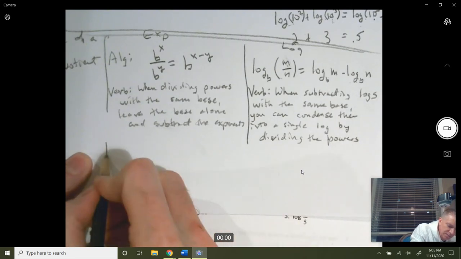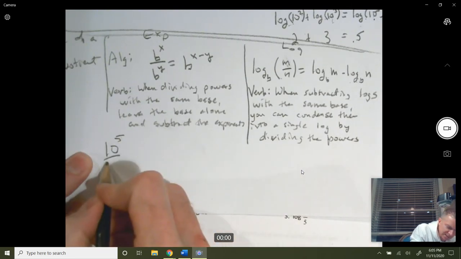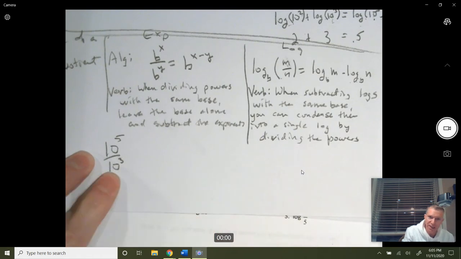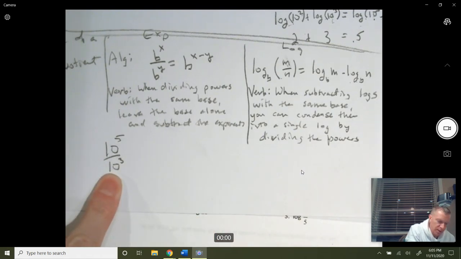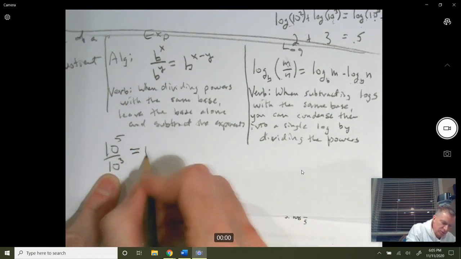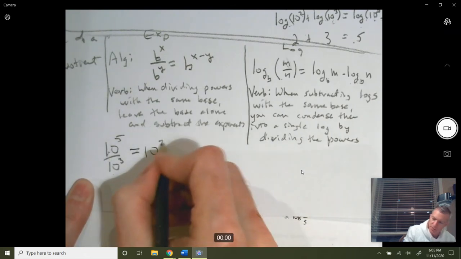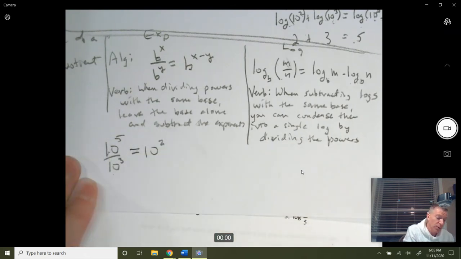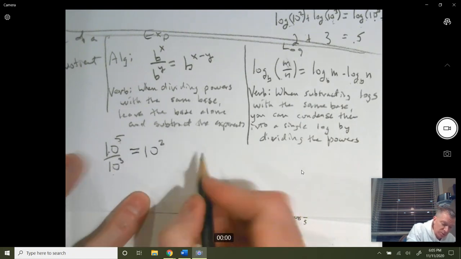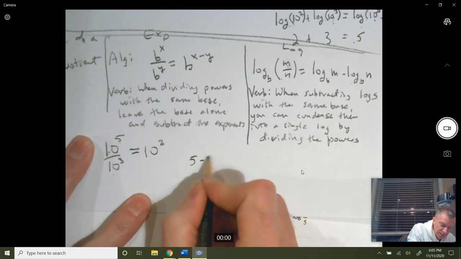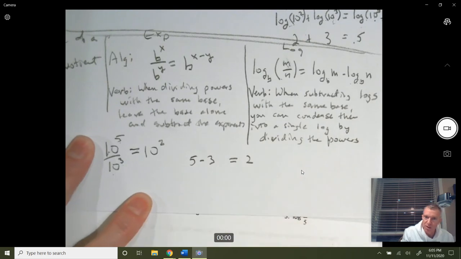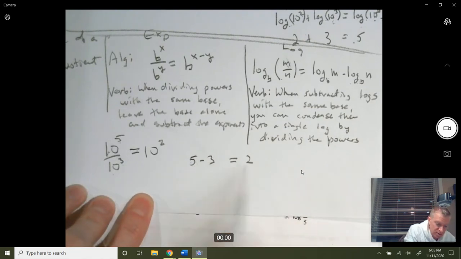Let's look at what this means. Let's say I'm taking something like 10 to the 5th and I'm dividing by 10 to the 3rd. I'm dividing two powers. Well, that's 10 to the, we're dividing two powers with the same base, we subtract the exponents. What did we do? We subtracted the exponents. We took 5 minus 3 is equal to 2. So let's write these as logs.